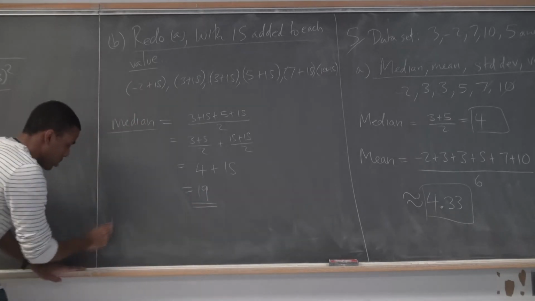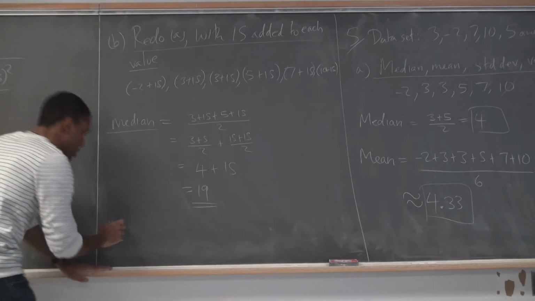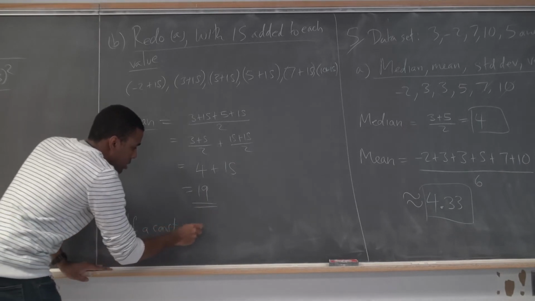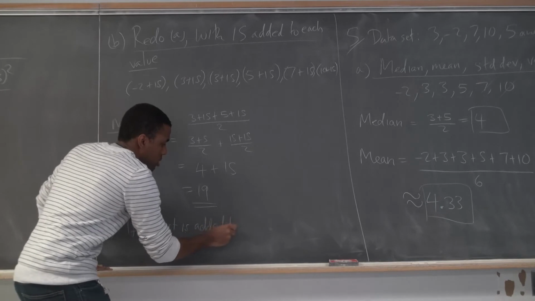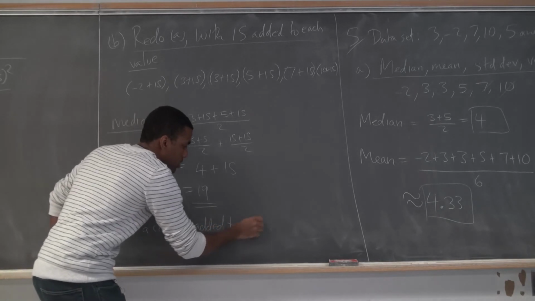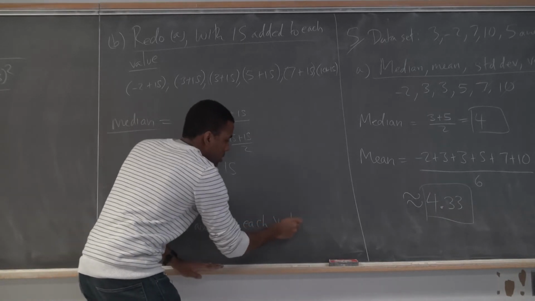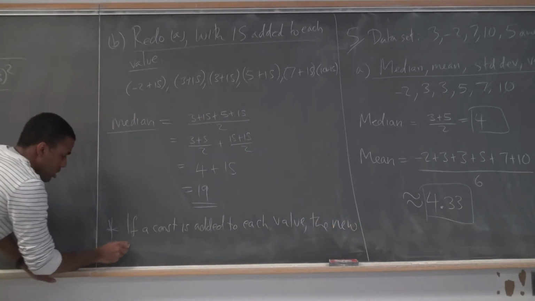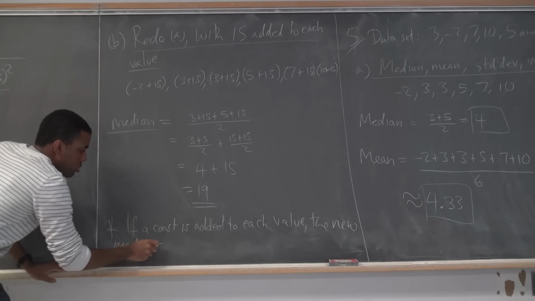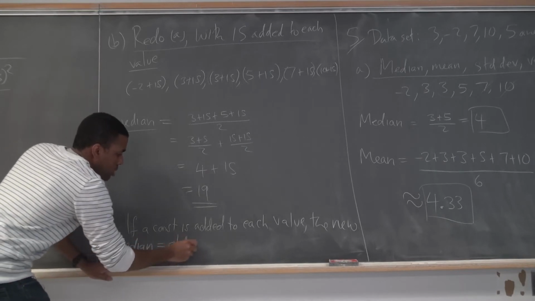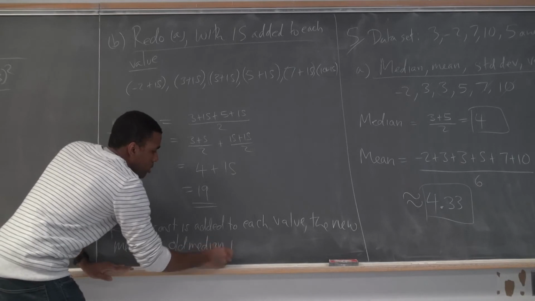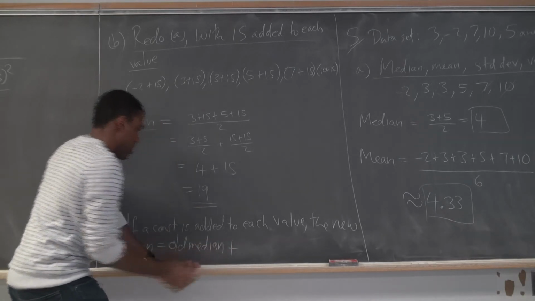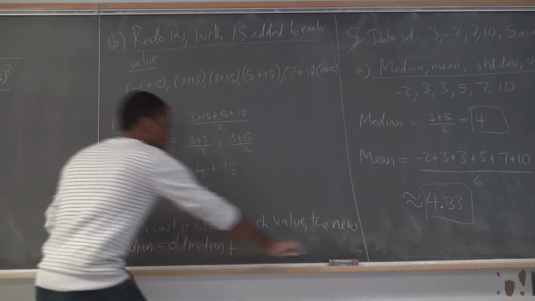And basically what you're supposed to take from this is if a constant is added to each value, the new median is equal to the old median plus the constant. Let me name this constant.